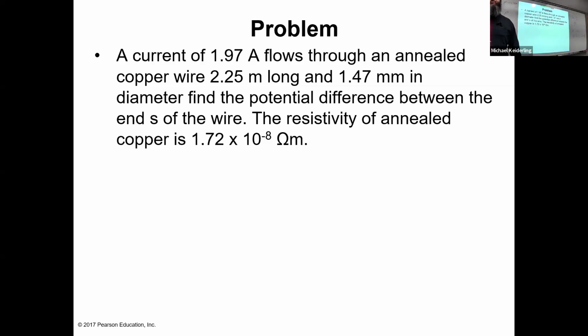So remember, resistance is the length of the wire divided by the cross-sectional area of the wire times the resistivity. And voltage is current times resistance. Also, the area of the circle is pi times the radius squared.